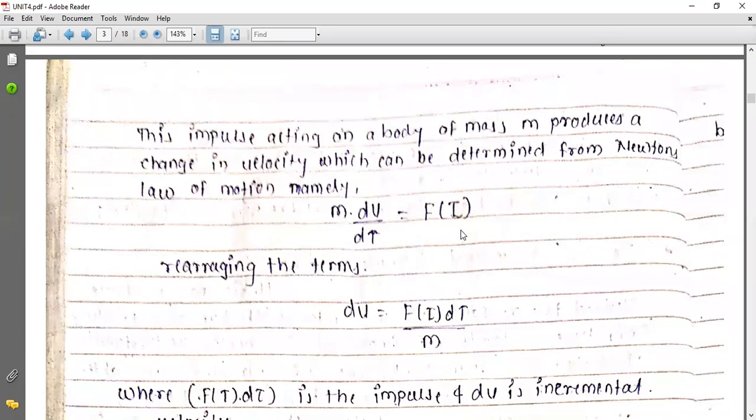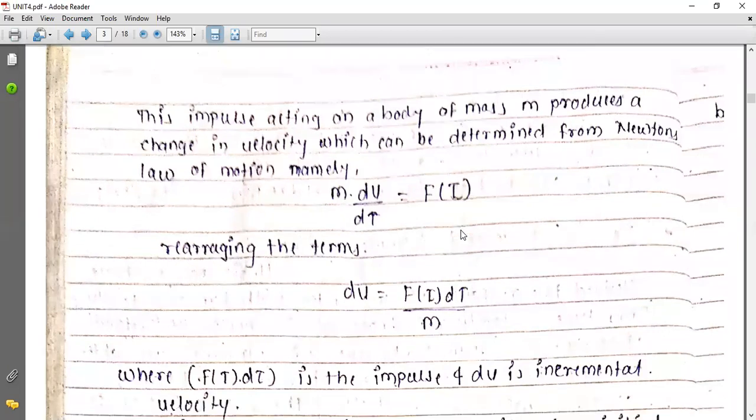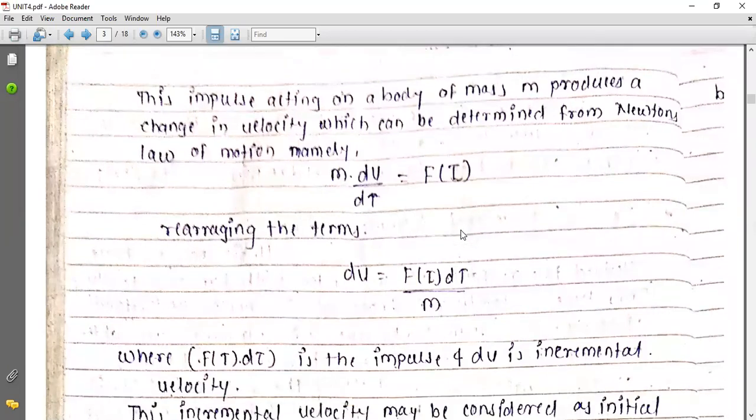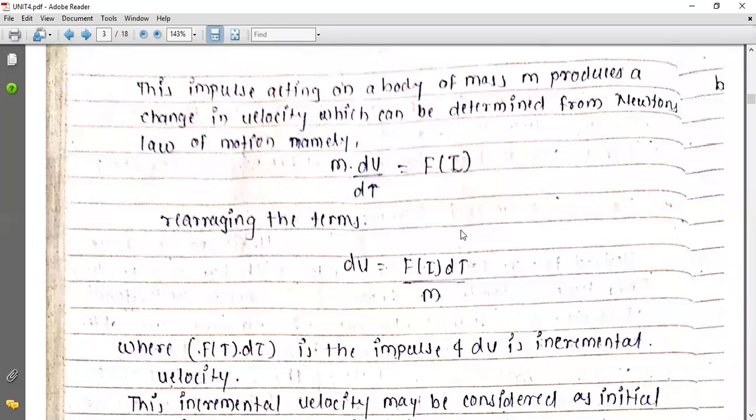So based on this F of tau is equal to m into dv by dt. Rearranging the terms on both sides, dv is equal to F of tau into d tau divided by m, where F of tau into d tau is the impulse force into time, that is the impulse, and dv is the incremental velocity.